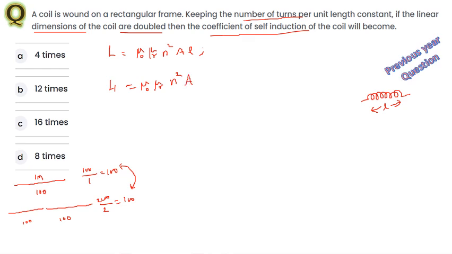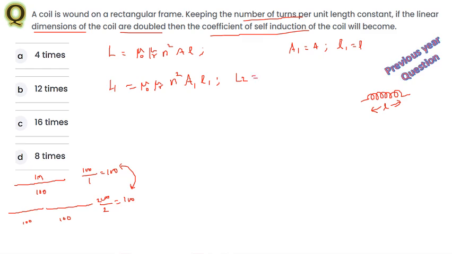We mention this as A1 and the length here is L1. Similarly, L2 is equal to mu naught mu r n square, with area A and length L, and initially you can mention the length as L1.